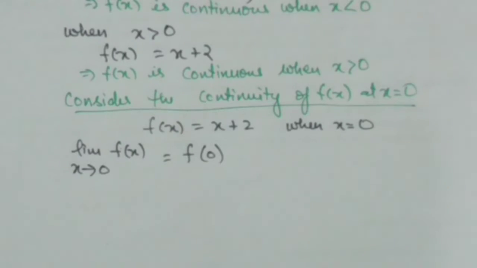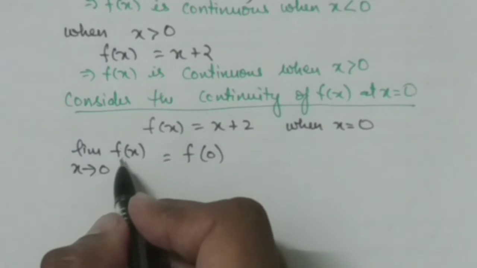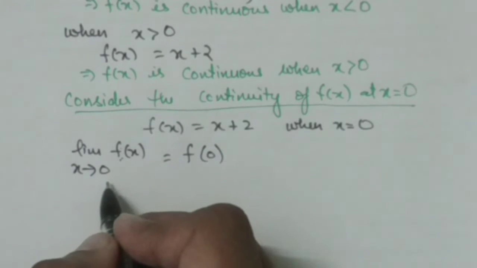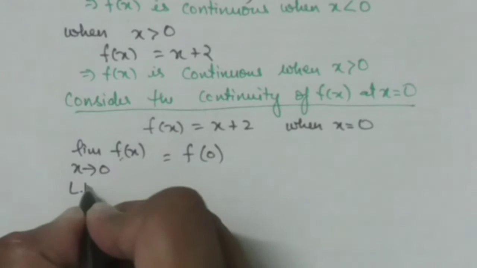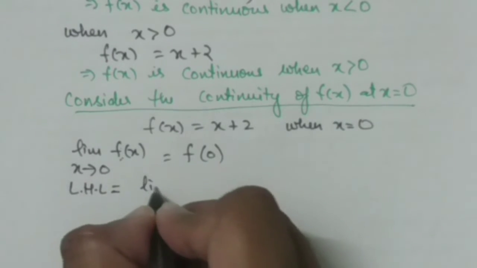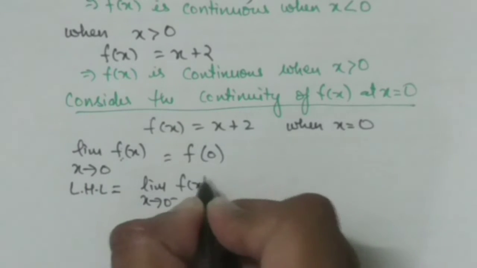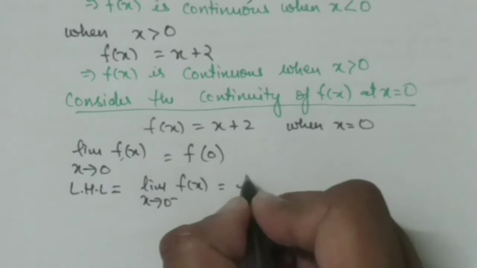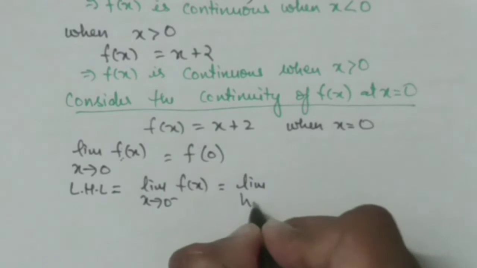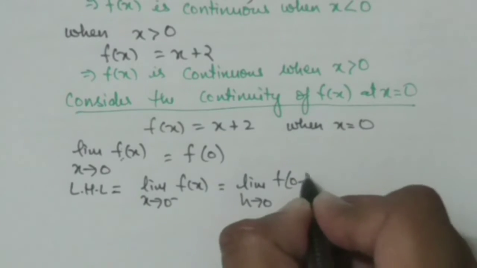So let us see the limit of function f(x) as x tends to 0. First of all, we will consider its left hand limit. So its left hand limit will be limit x tends to 0 minus f(x), and it is equal to limit h tends to 0 f(0 minus h).